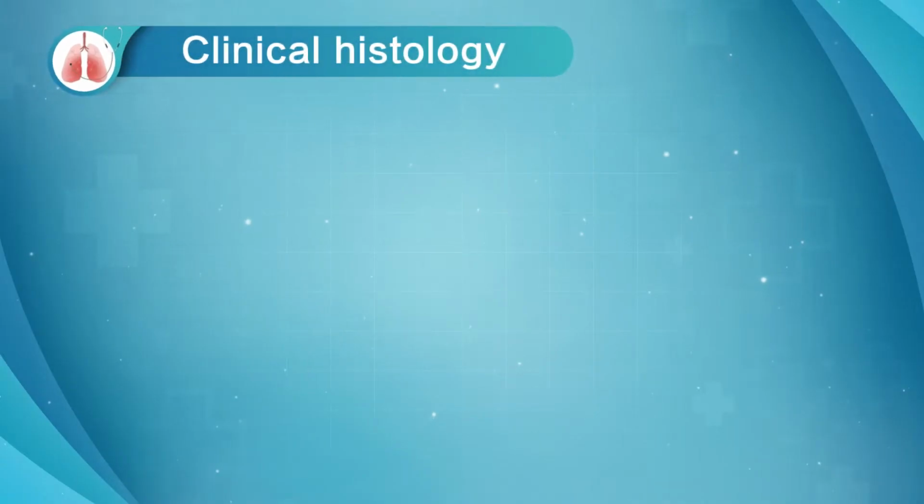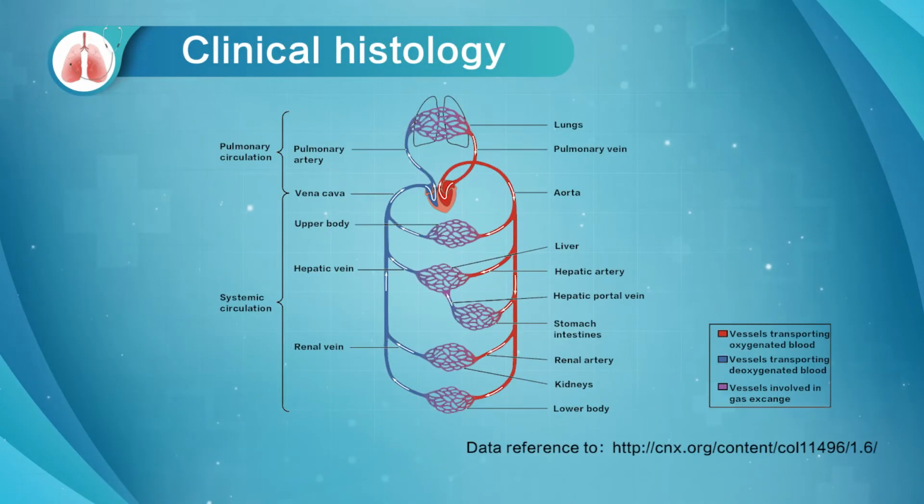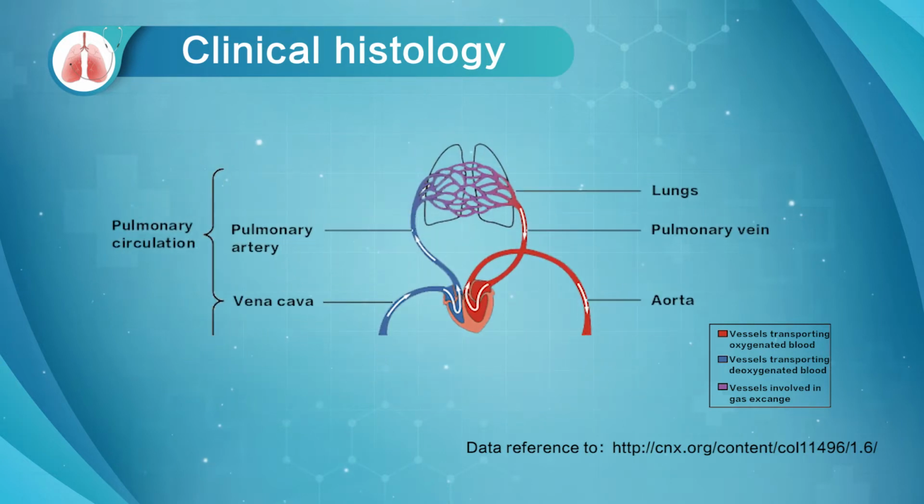As illustrated in this figure, human cardiovascular system has two separate circulations, the pulmonary circulation and the systemic circulation. Through pulmonary circulation, as shown in upper part of this figure, heart pumps deoxygenated blood to and retrieves oxygenated blood from the lungs.